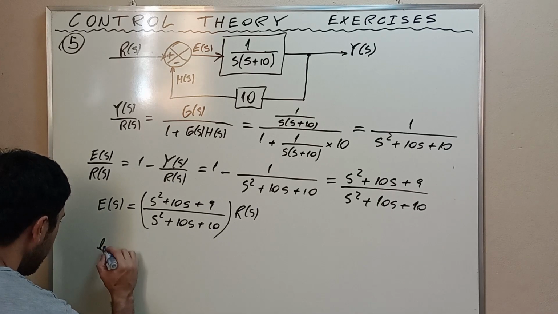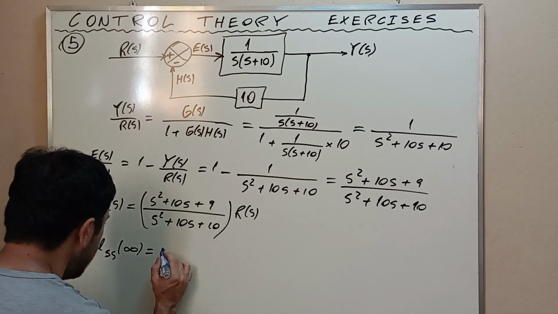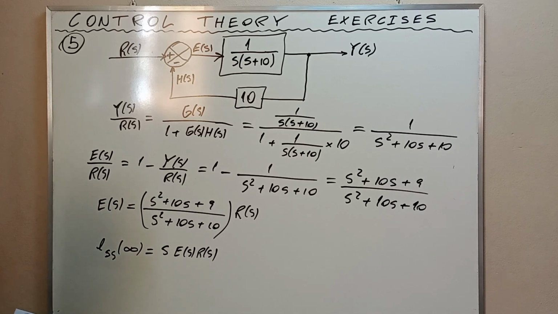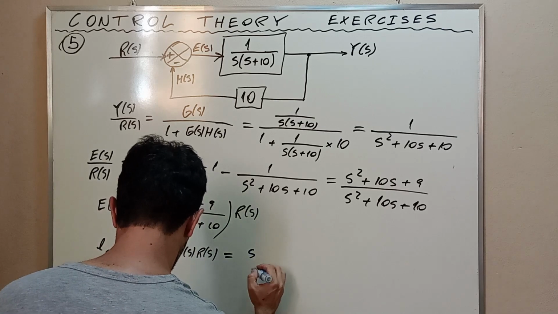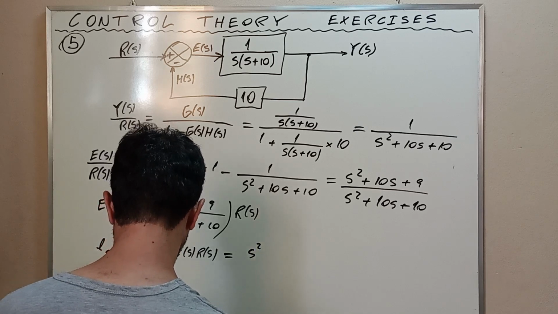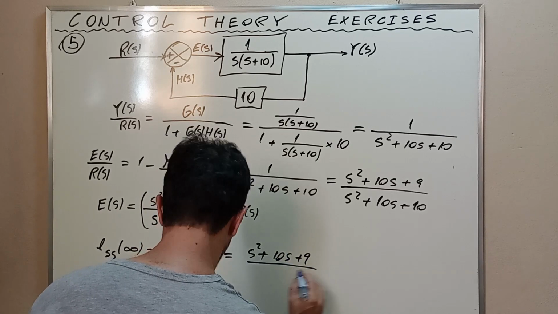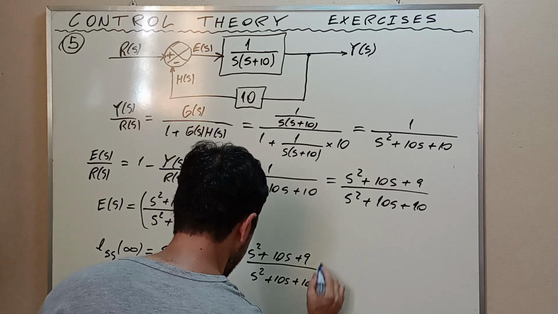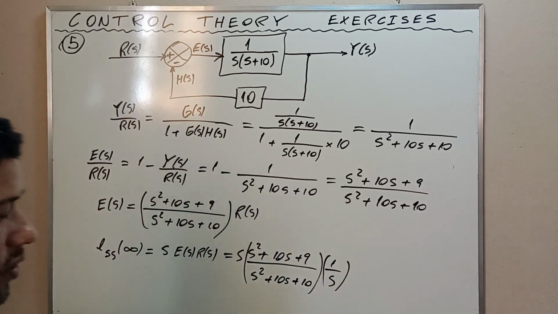The error when time goes to infinity is going to be equal to S times E of S times R of S, and this is equal to (s squared plus 10s plus 9) over (s squared plus 10s plus 10), times 1 over S. Why 1 over S?